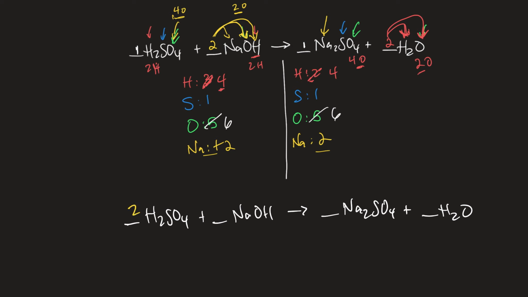If you got answers 2, 4, 2, 4, well, this is technically correct. It is balanced. You will have the same number of each type of atoms on both sides of the reaction. All right, but the coefficients are not the lowest whole number ratios as possible. So typically we like it the lowest whole number ratios. And so in this case, the correct answer would have been just 1, 2, 1, 2.